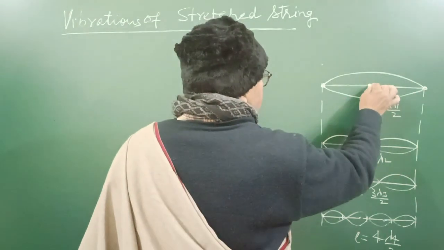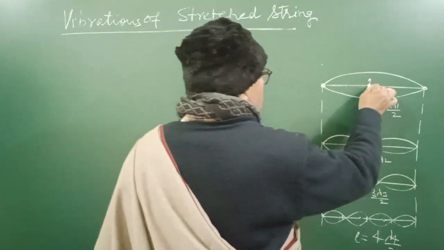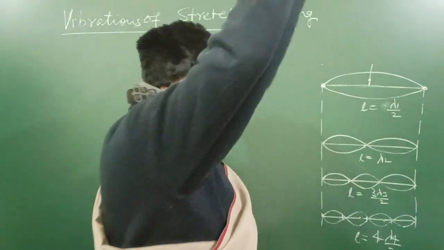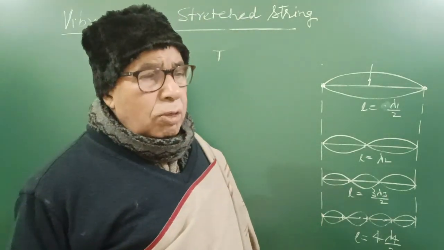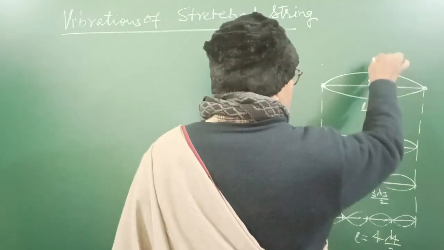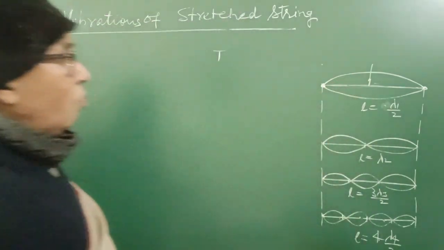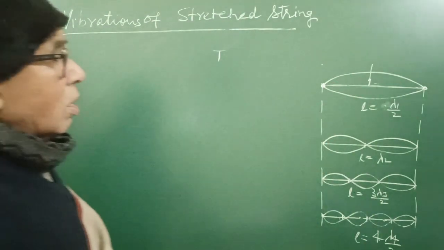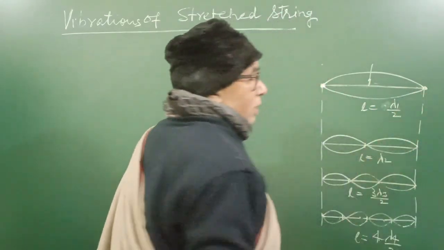When it is plucked gently at center and released, suppose we pull it up and release, that is called plucking it at center gently. Then it comes back and disturbance goes this way and this way. The wave starts traveling towards the fixed ends, which are rigidly fixed.